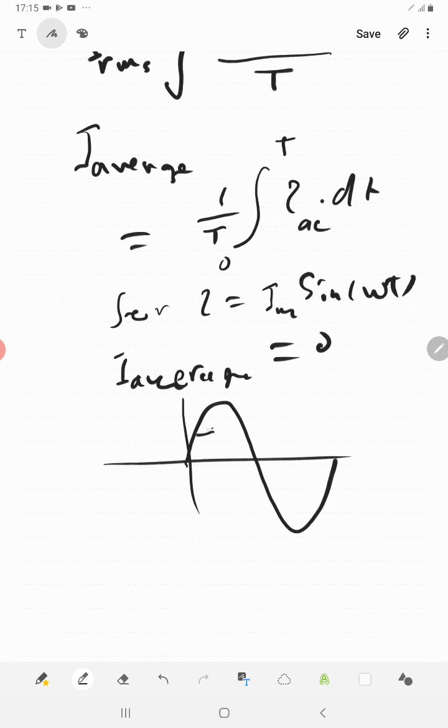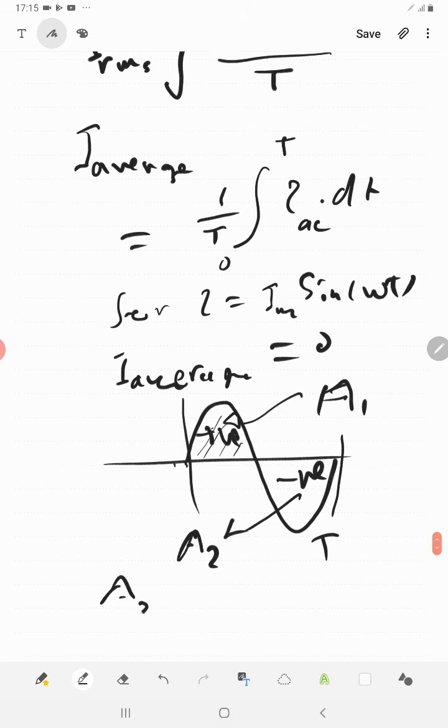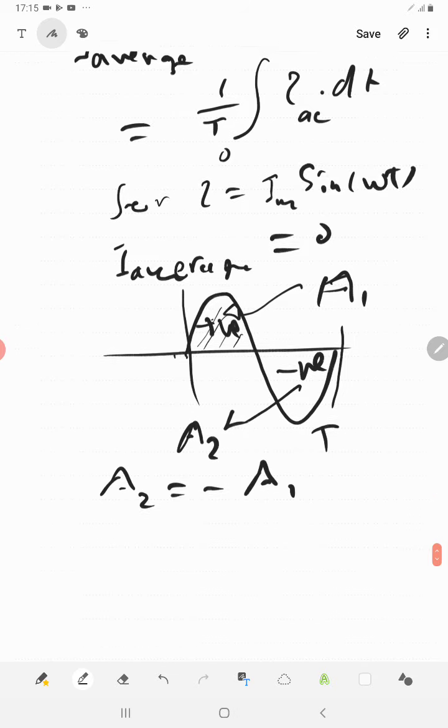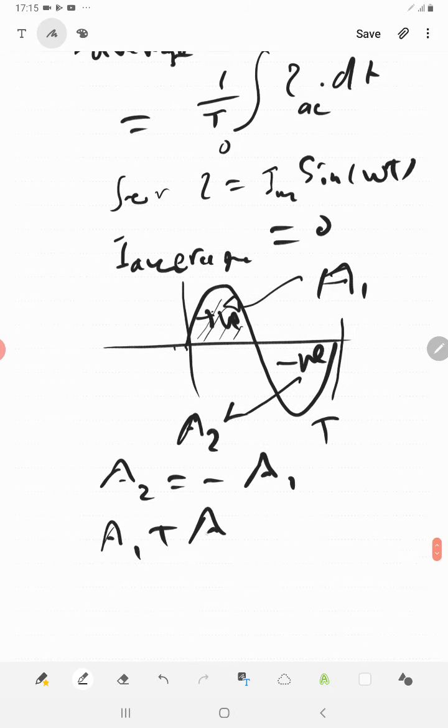This is positive and this is negative. If we integrate from 0 to T, we have positive area, area 1, and negative area, area 2, where area 2 equals minus area 1. So area 1 plus area 2 equals 0, which is the integration from 0 to T of IAC dt. So I average is 0.